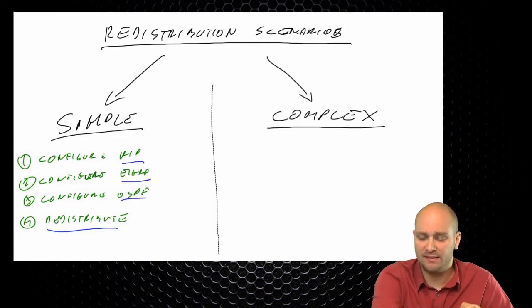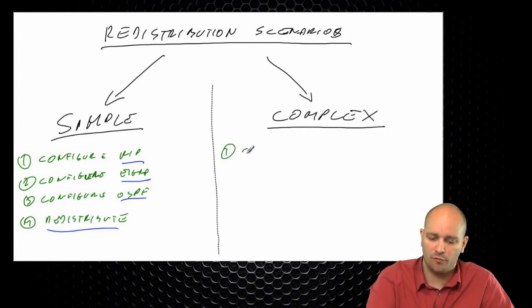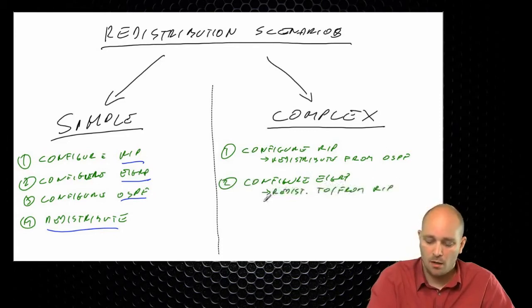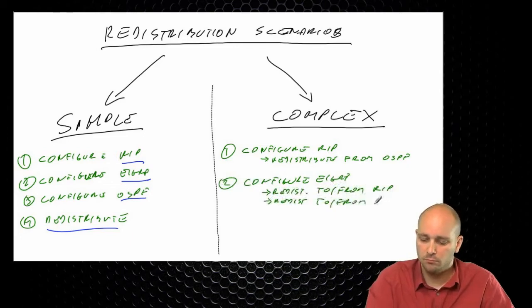Now, a more complex scenario is the one that says configure RIP, and let's say says redistribute from OSPF. What OSPF? Task number 2 says configure EIGRP, and it says redistribute to and from RIP, and it says here redistribute to and from OSPF.